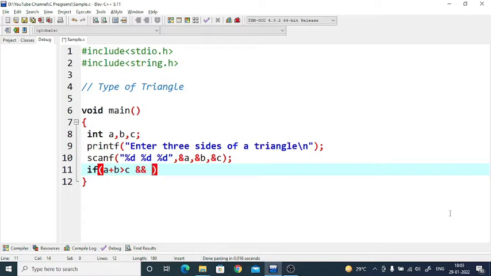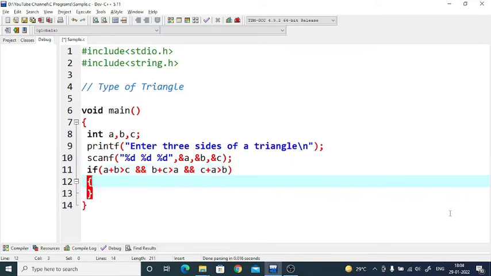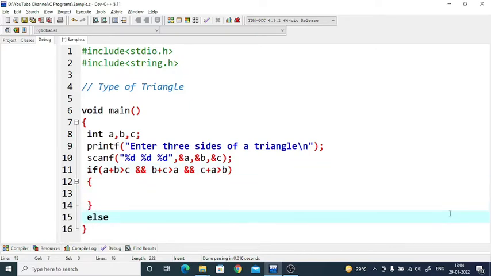If this is the case, then the triangle is constructible. In the else part, I can simply say the triangle is not constructible.